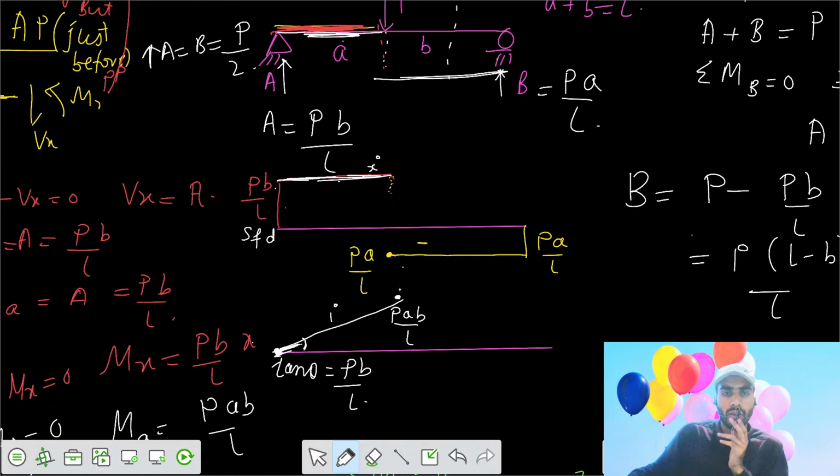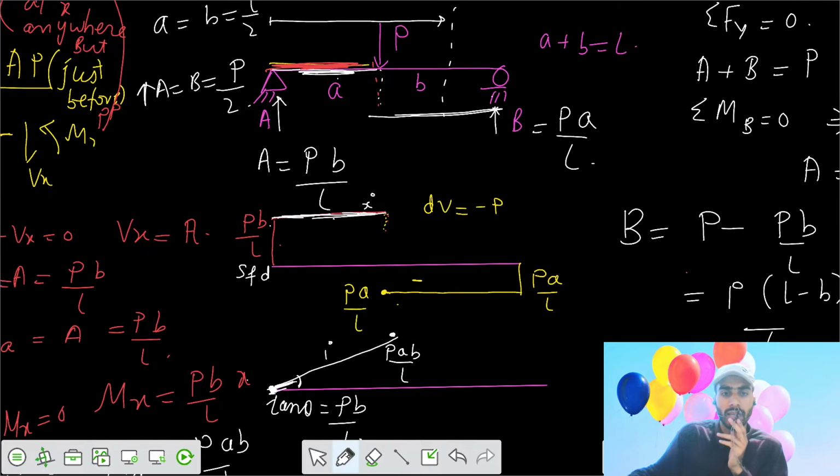Then we know that the effective dV equals minus P, because of the point load acting at this section.